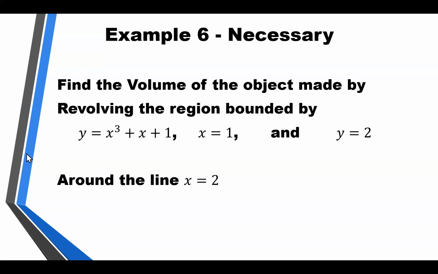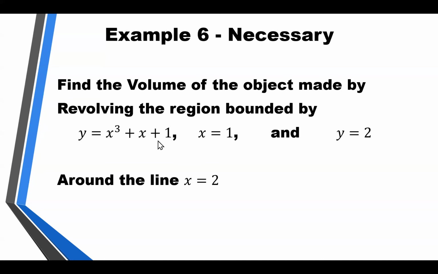Well, if I tried to use the disk method, I'd have to integrate with respect to y. And if I tried to solve this equation where I ended up with x equal to a function of y, it would be very, very difficult.